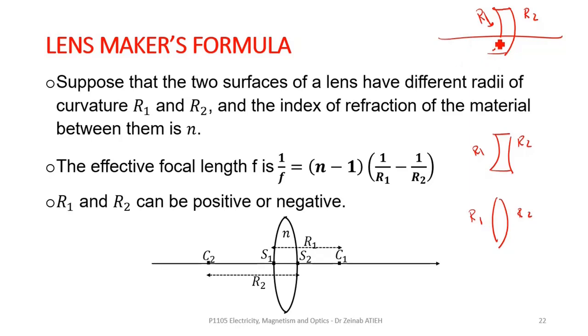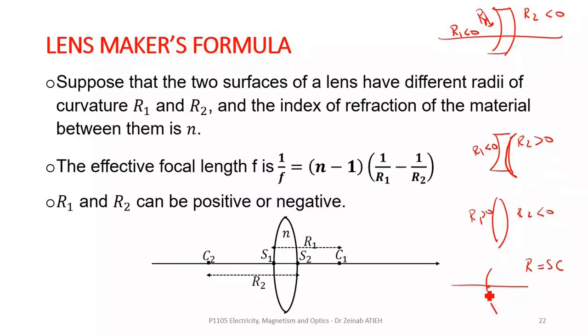This one, R1 is negative, this is R2, it's negative. This is R1, it is negative, and R2 like this is positive. This is R1, positive, and this is R2, negative. So I will remind you that R is SC.